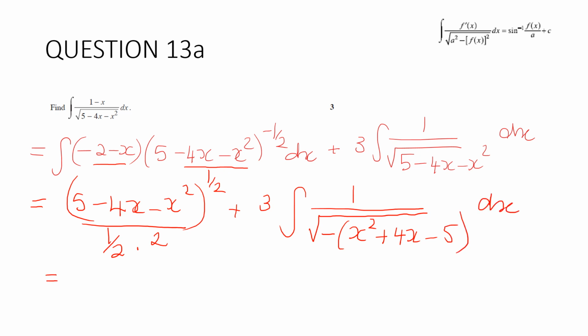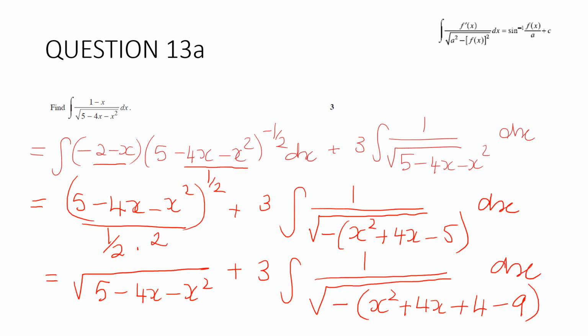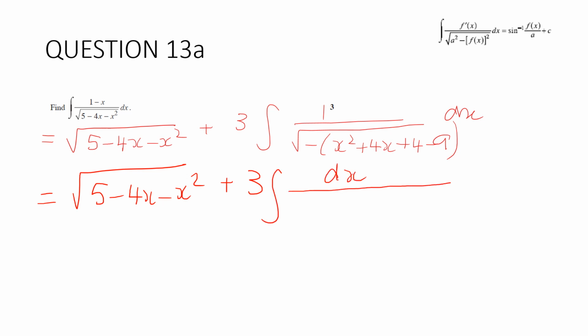Equals square root of 5 minus 4x minus x squared plus 3 integral 1 over square root negative. We've got x squared plus 4x, complete the square, plus 4 take away 9, which is equal to square root of 5 take 4x minus x squared plus 3 integral, let's bring that dx on top, all over square root.